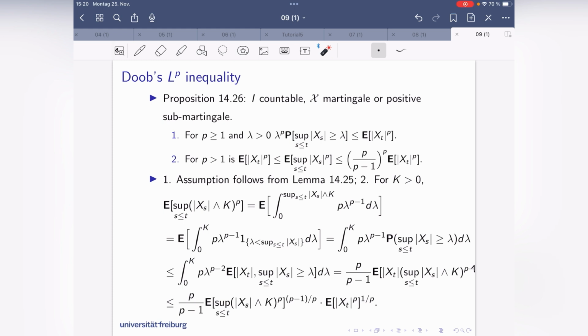And now first we can divide by this here, which means on this side we get 1 minus (p minus 1) over p, which is 1 over p.